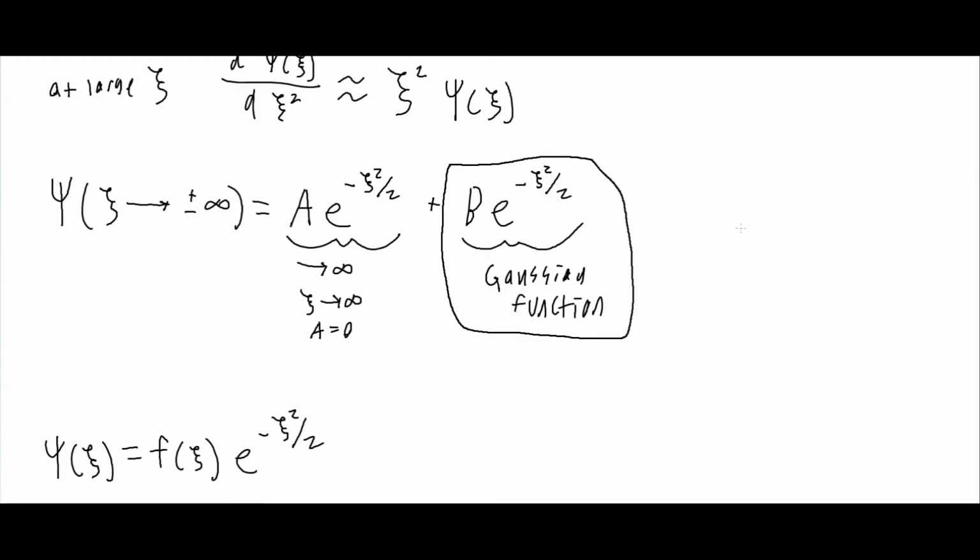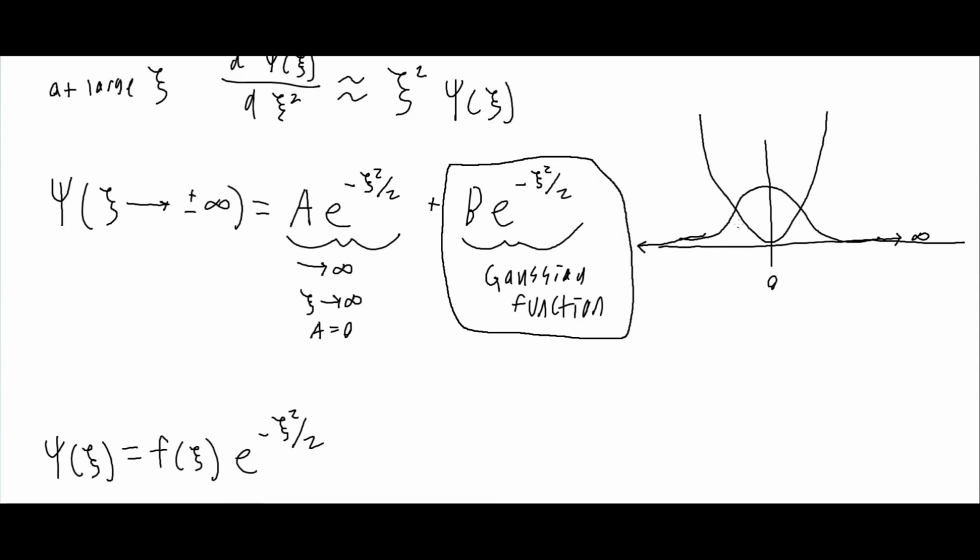Like I said, it's a Gaussian function, so it's going to look very similar to the bell-shaped curve, and it's going to be right around the origin, and as it goes to infinity on both sides, it's going to go towards 0. That makes it so that our function, when we are outside of the potential, so our potential would look like this, goes down towards 0.